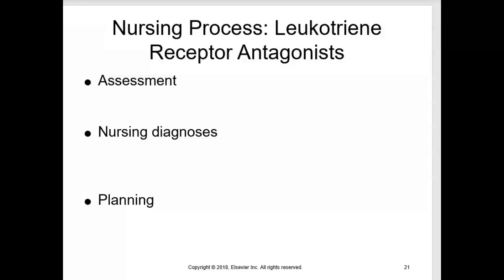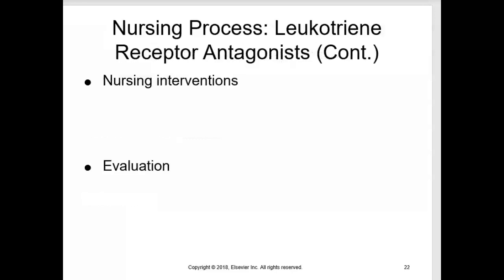In terms of planning, the patient will be free from wheezing or wheezing will have significantly improved. The patient's lung fields will be clear within 2 to 5 days. The patient will take medications as prescribed. And I would add in there the patient's O2 saturation is within desired limits or ranges.